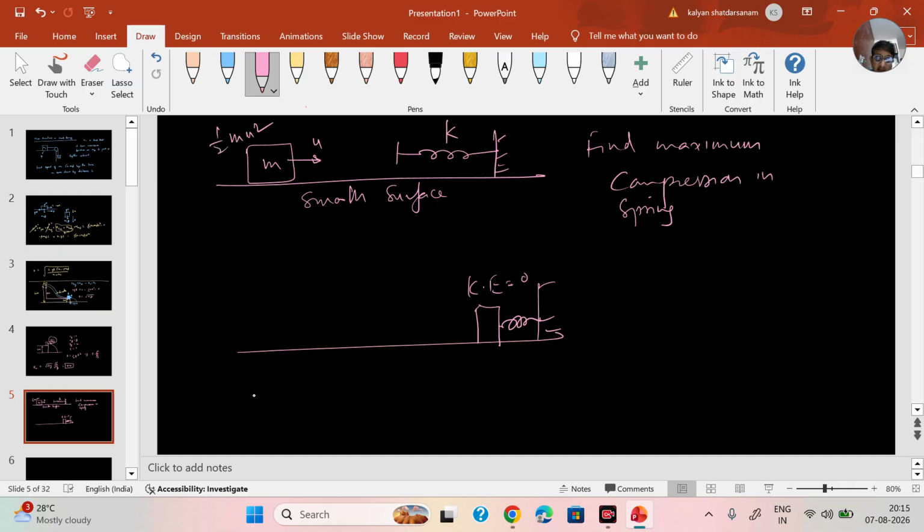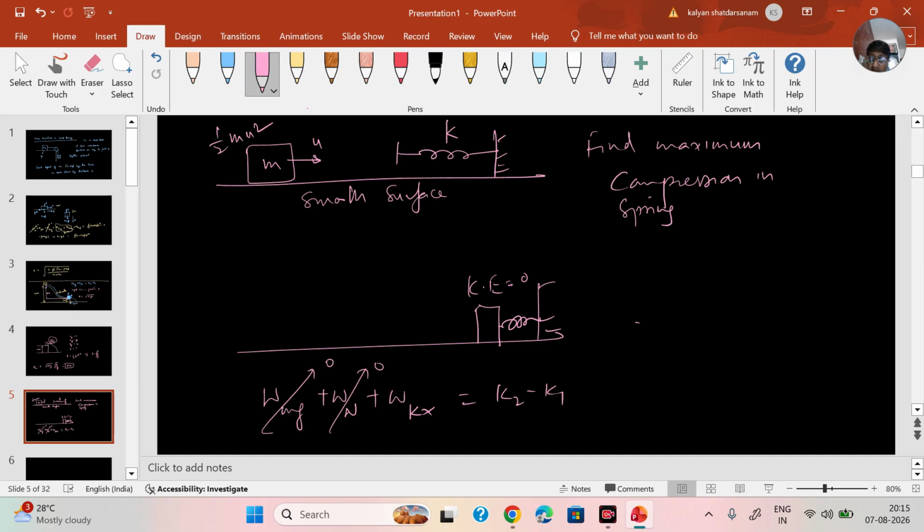So let's apply the work energy theorem. What are the forces on the block? mg is a force, N is a force, there is no friction, and spring force comes from the moment it touches it. Work done equals change in kinetic energy. Work done by mg is 0, because mg is down whereas displacement is to the right. Work done by N is also 0, because N is up and displacement is to the right. Work done by kx: spring is going away from natural length.